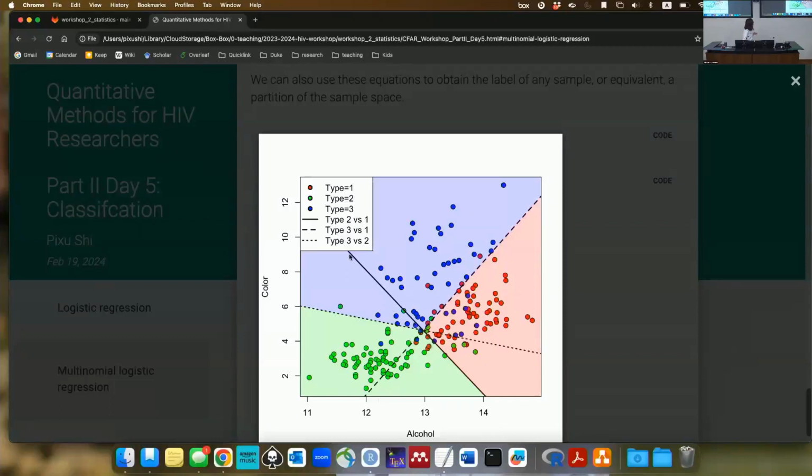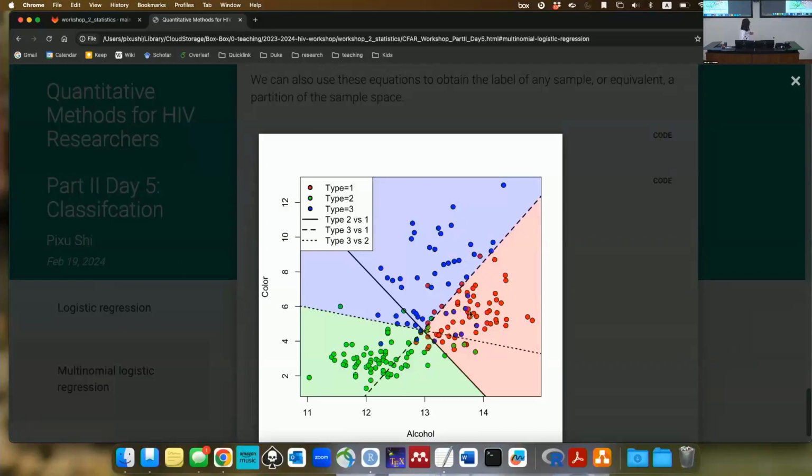If you look at this straight line here, it's comparing the odds of 2 versus 1. On the right, you're more likely to be 1. On the left, you're more likely to be 2. And then for the dotted line here, this is 3 versus 2. On the bottom, you're more likely to be 2. On the top, you're more likely to be 3.